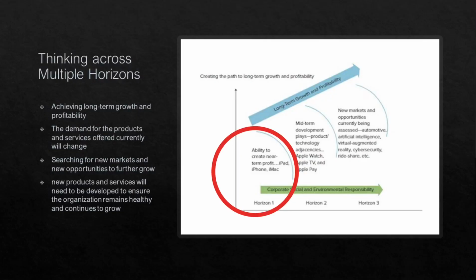So for example, Apple, they have 3 main horizons that they think of. Horizon number 1 is their ability to create near-term profit through products such as iPad, iPhone, iMac.